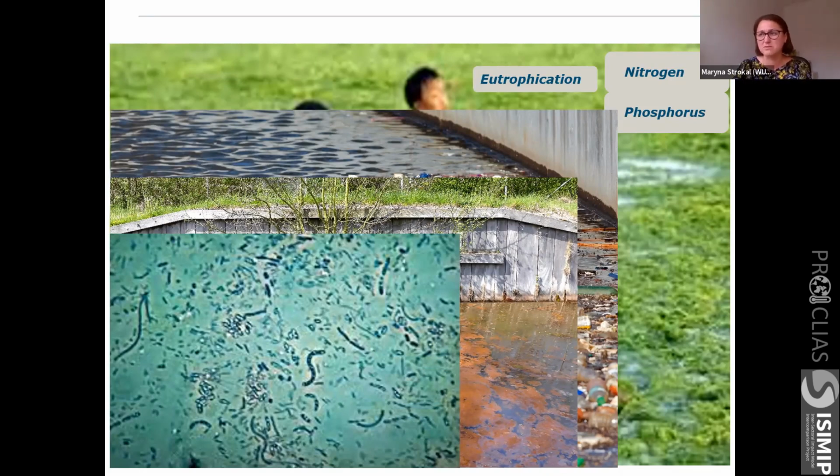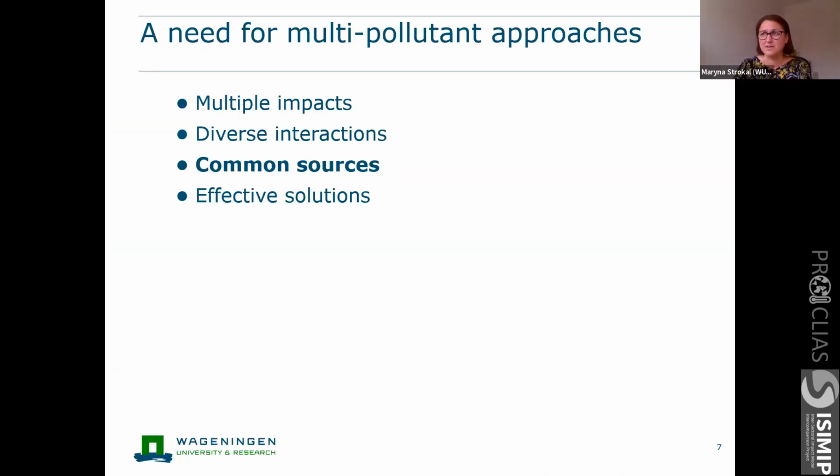So we do experience multi-pollutant issues today. That's why there is a need for multi-pollutant approaches in order to account for multiple impacts of different pollutants, their diverse interactions, biogeochemical interactions, but also interactions in the pollution control.